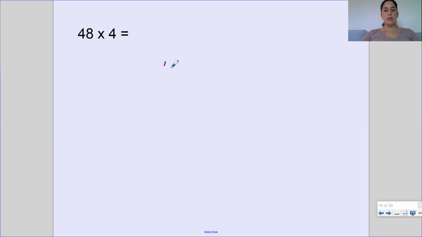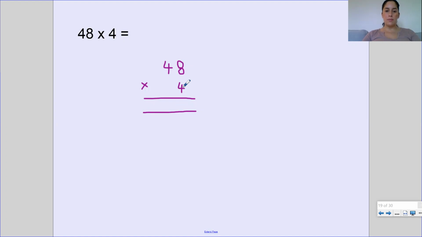So 48 times 4 we're going to represent as column multiplication. Where would I write the number 4 that I'm multiplying by? Underneath the ones column, because 4 represents ones. So 48 times 4. Then what would I start multiplying first?